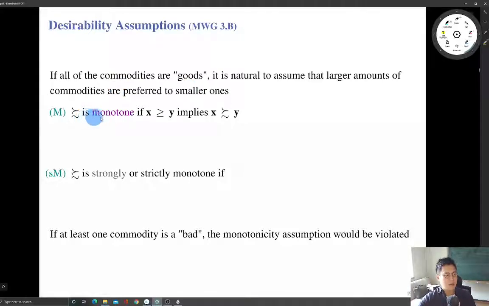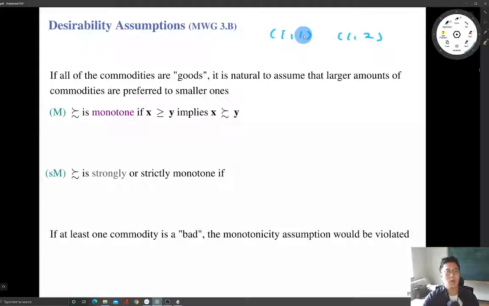This assumption tells us if bundle X contains more commodities than bundle Y, then the consumer thinks bundle X is better. So when we compare two vectors, I think you know how to compare two real numbers, but when we compare vectors, say (1, 1) and (1, 2): for the first coordinate, these two vectors have the same amount, but for the second, this vector is larger than this one.